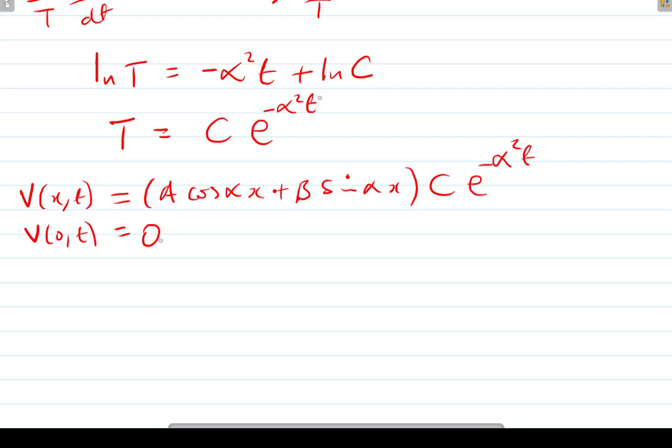Then this will be equal to, where there is x we put 0. Sin 0 becomes 0, but cos 0 is 1, so A remains inside here. This one has no x, so C e negative alpha squared t.